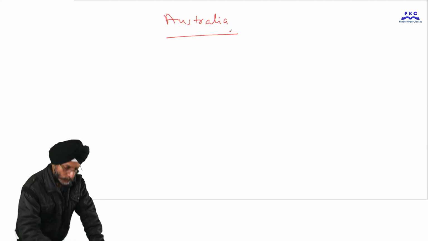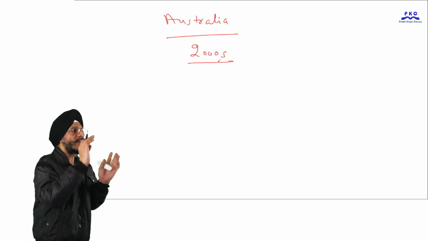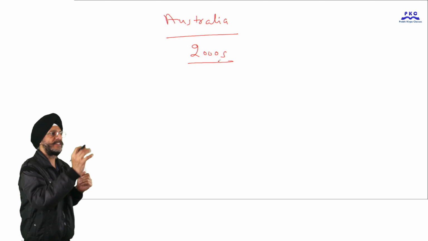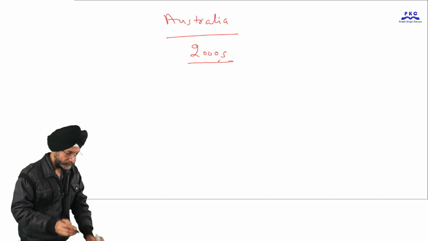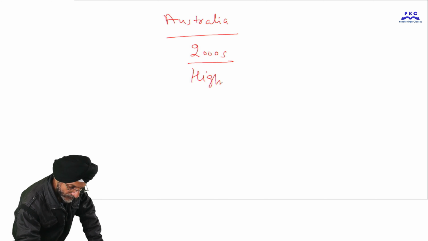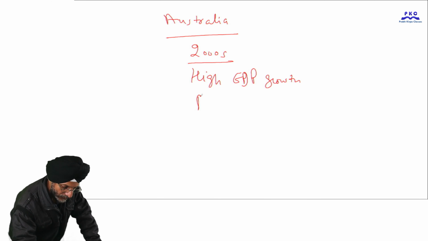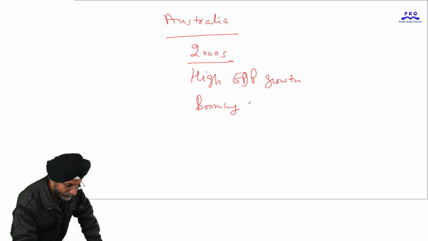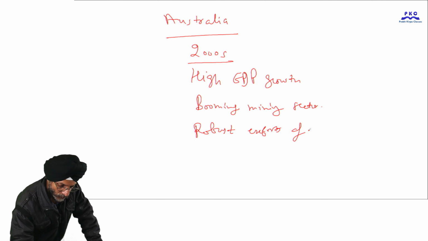During the early 2000s, Australia witnessed currency appreciation against the US dollar because there was high GDP growth, booming in the mining sector, and robust exports of coal and iron ore.